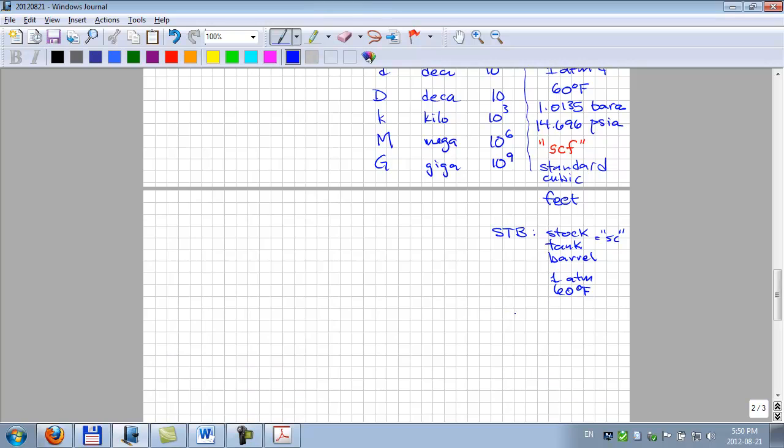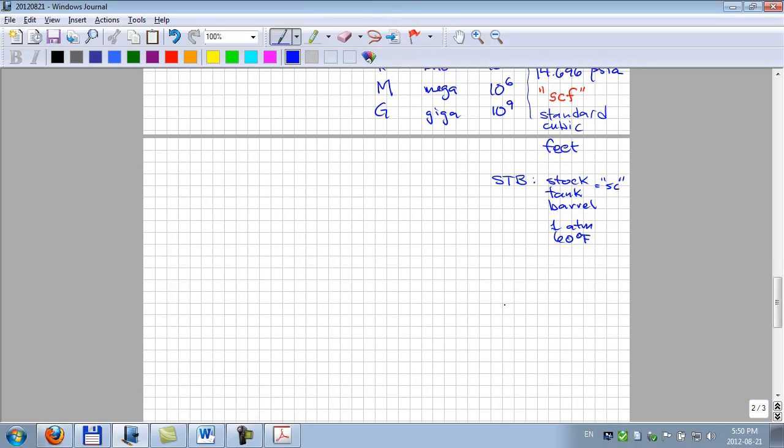We've got MSCF, which is 10 to the third standard cubic feet. And MMSCF is 10 to the sixth SCF.